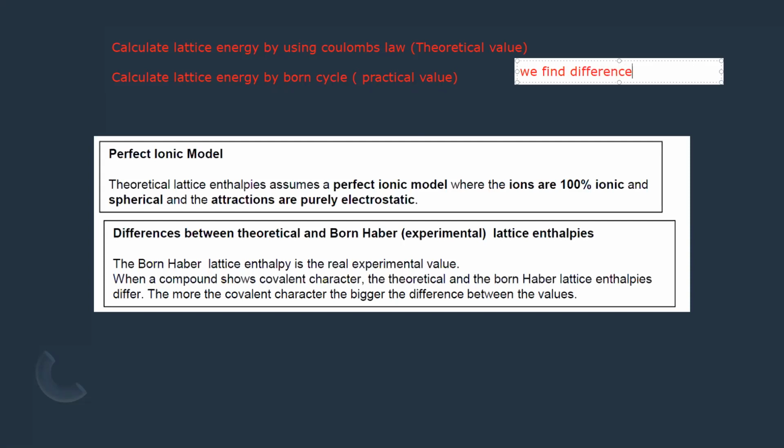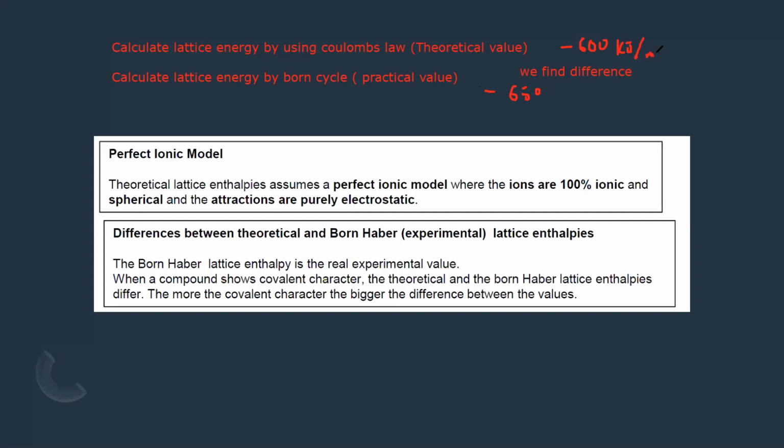What is the reason for this difference? For example, when we calculate using Coulomb's law, the theoretical value is, say, -600, but practically for the same compound it comes out higher. So why is the theoretical value smaller and the practical value higher?